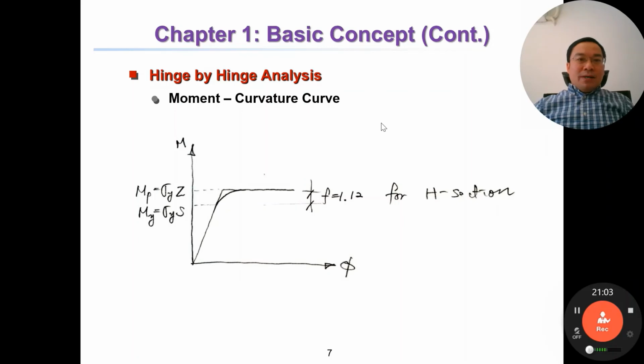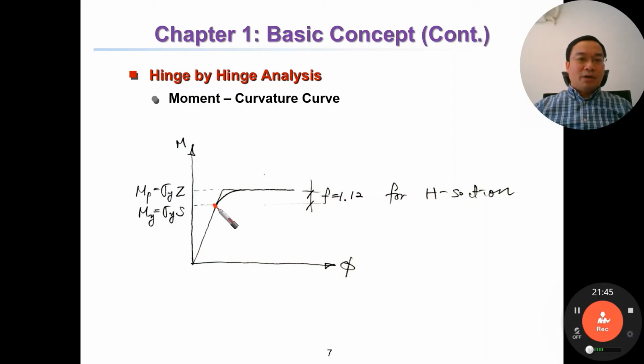In terms of moment curvature, it is the moment curvature curve. This curve is the idealized curve of moment curvature, but the actual curve is like this. From the elastic phase until the elastic limit point, it is a linear relation between moment and curvature.